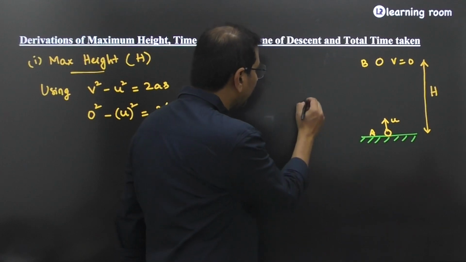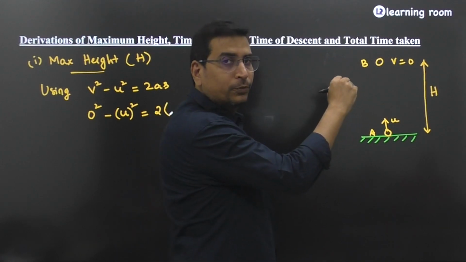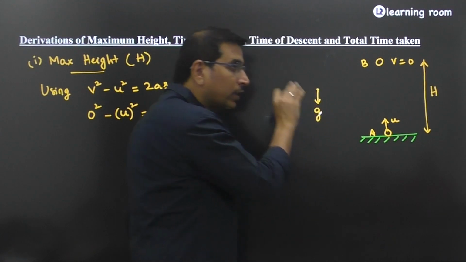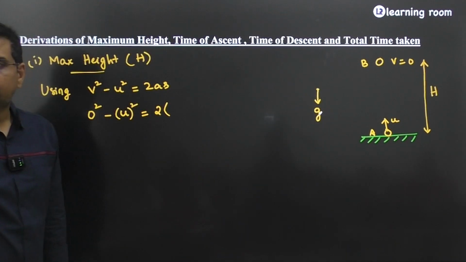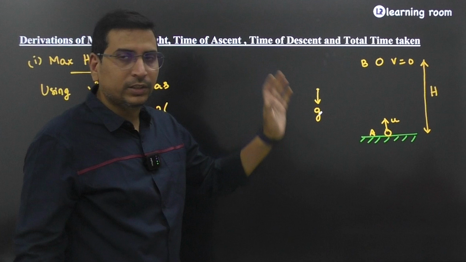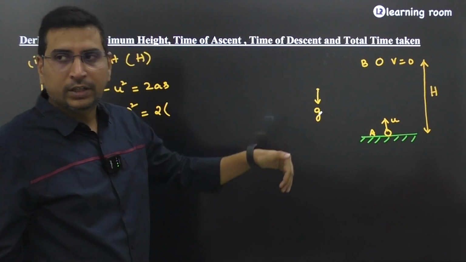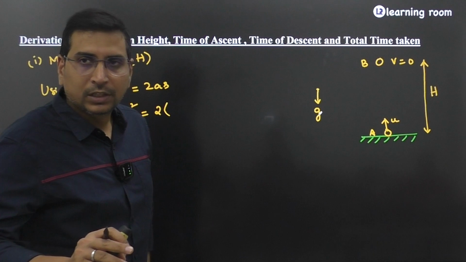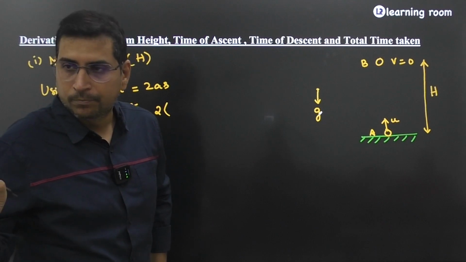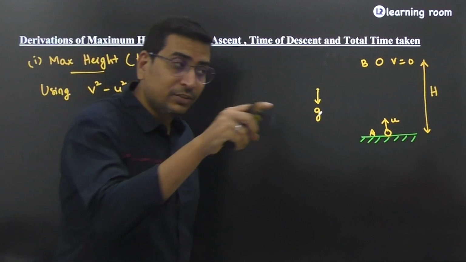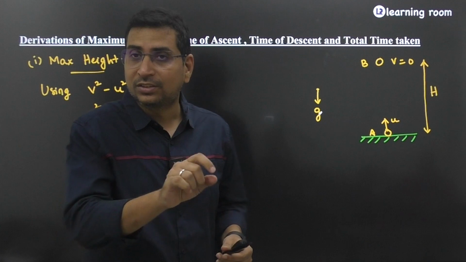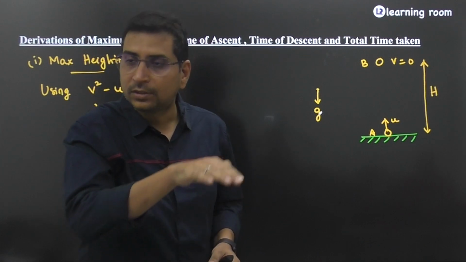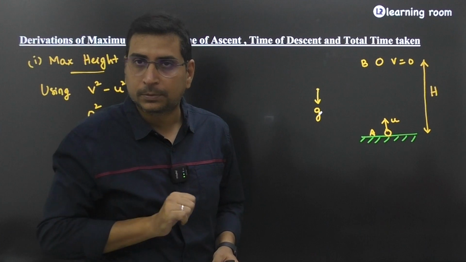Acceleration due to gravity, irrespective of the direction of motion of the object, will always act only in the vertically downward direction. This is an important point to be kept in mind. Irrespective of whatever is the motion, whether the object is vertically upward, vertically downward, traveling like this in a parabolic path, whichever path it is going to travel, g is always going to be in the, you should not say g is in the downward direction, you should use the words g is in the vertically downward direction, means it is always perpendicular to the bottom surface.